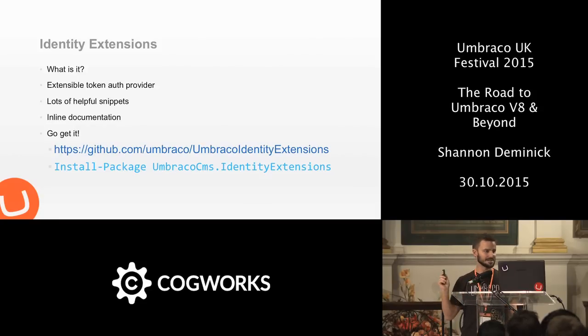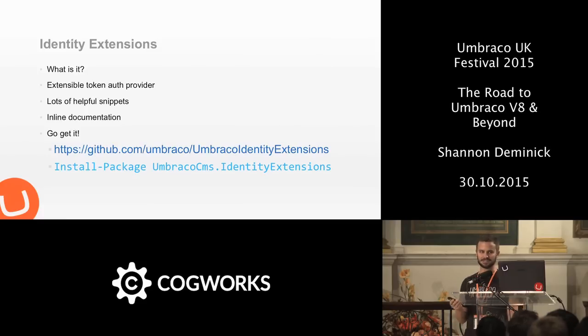Out of the box, it has an extensible token auth provider, which you can use. This one that we ship with is very simple, and it's just based on ASP.NET Identity, but you can extend it for any of your auth needs, because auth is super difficult, and the sky's the limit with it, but this should get you started.